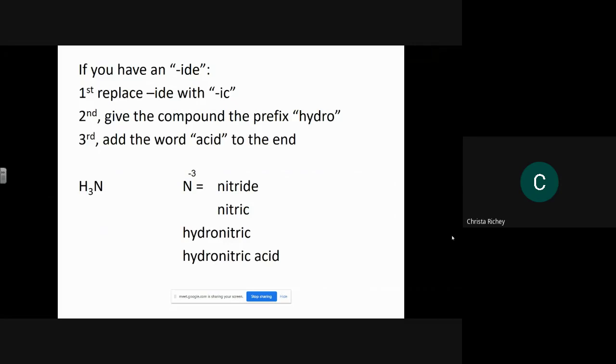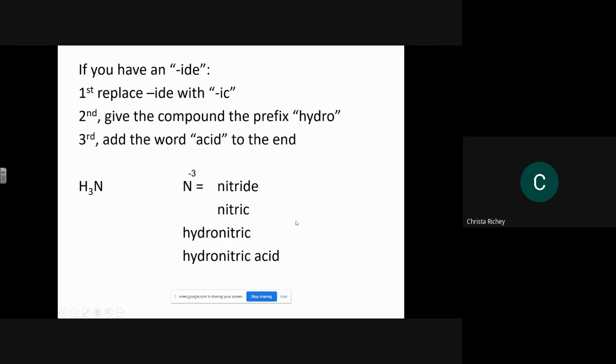And these may very well be on the assignment from today. Okay, so once again, an ide does not have oxygen in it. Replace ide with ic. Put hydro on the front, add acid at the back. There are no hyphens. In case I don't have the example, the one that doesn't just immediately switch, sulfide would become sulfuric, so hydrosulfuric acid.